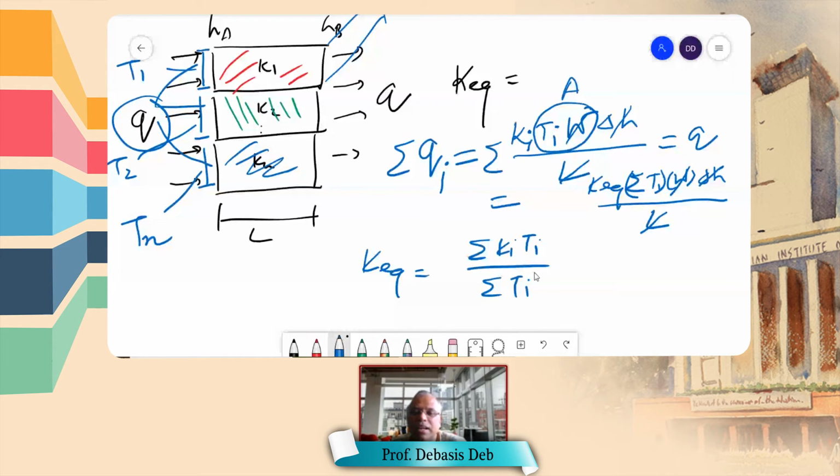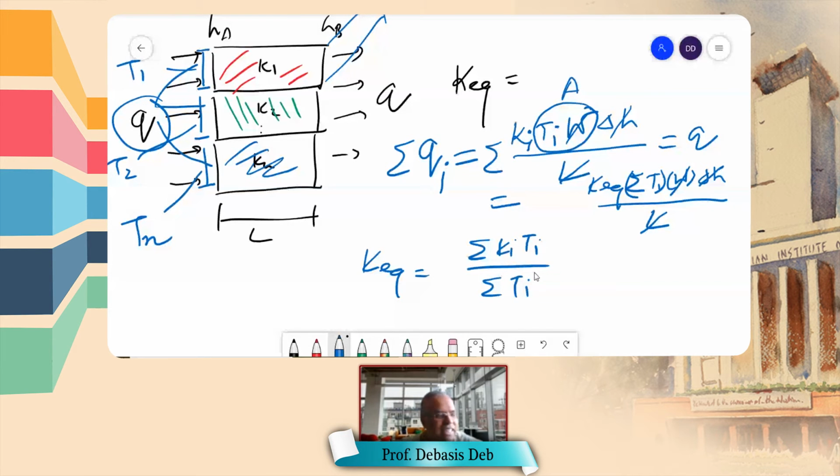That will be the equivalent. So here the Q gets distributed just like current. Over there current gets distributed, here the quantity gets distributed, and here we are following Darcy's law. There you followed Ohm's law. That is the only difference here.